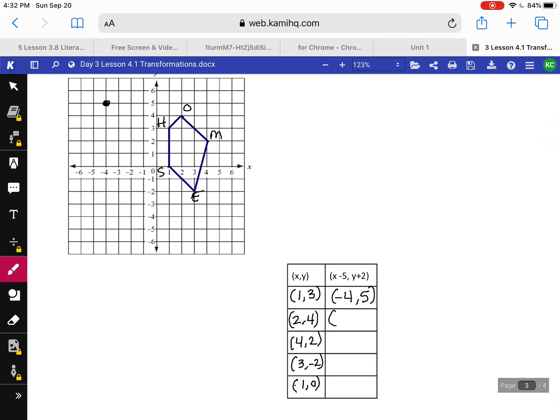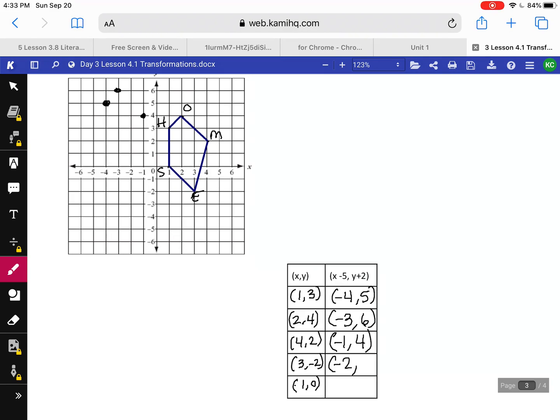We have 2, 4, so here we are looking at 2 minus 5, negative 3, 4 plus 2, 6. Negative 3, up 6. 4, 2: 4 minus 5, negative 1, 2 plus 2, 4. Negative 1, up 4.